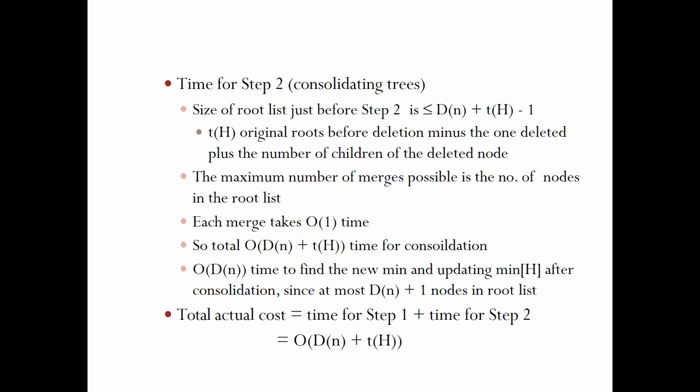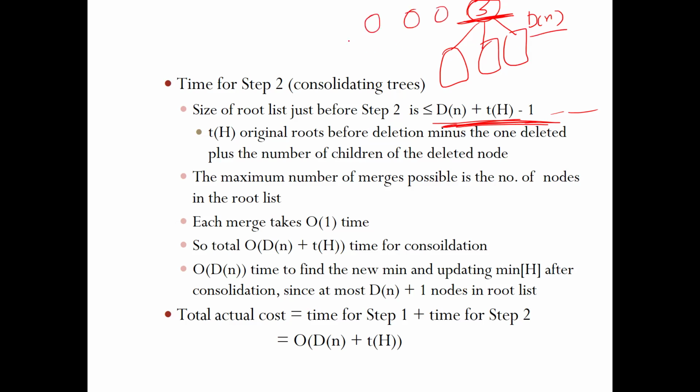In step 2, when you are consolidating, the size of the root list is basically related to the degree of n, which is the children's degree. Suppose you had 3 as one of the nodes to be deleted, and it had 3 subtrees like this. The degree of this is D of n, right? Now, the number of trees in the Fibonacci heap is already given as T of H. What is T of H? The number of trees. 1, 2, 3, 4 trees were there.